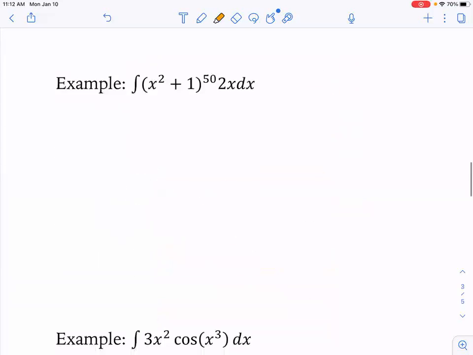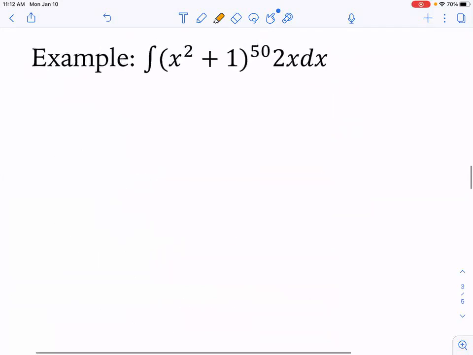All right, so here we go. This is our first example. The integral of x squared plus 1, the quantity to the 50th power, times 2x dx.